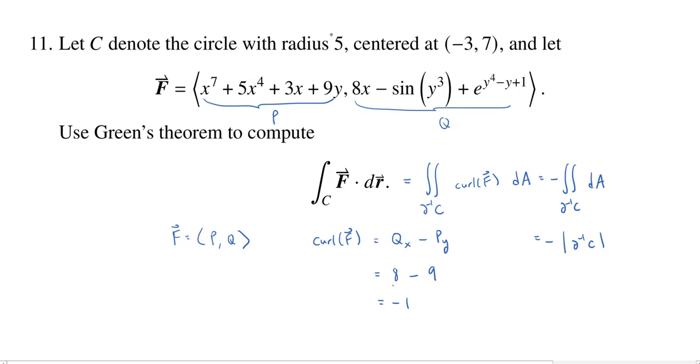We just care that you have a circle of radius 5. We know that the area of a circle with radius 5 is going to be 5 squared times pi. This is just the area of a circle with radius 5. And so our answer is going to be -25 times pi.